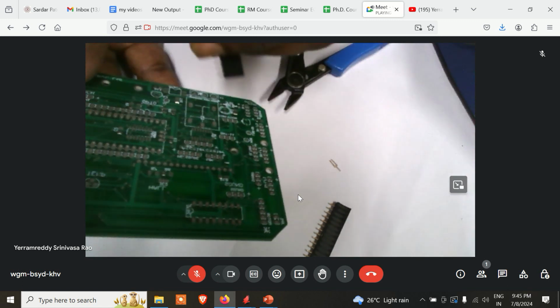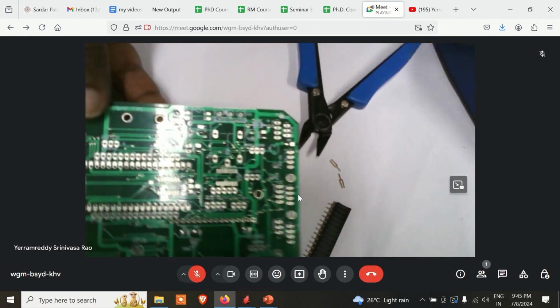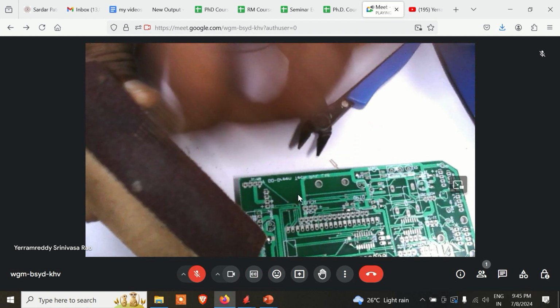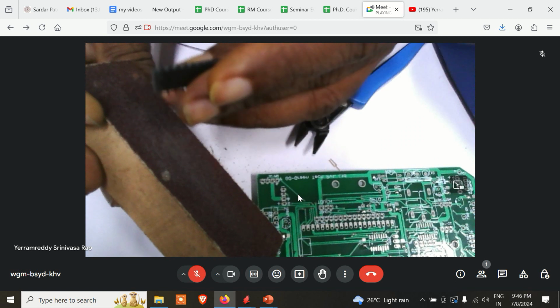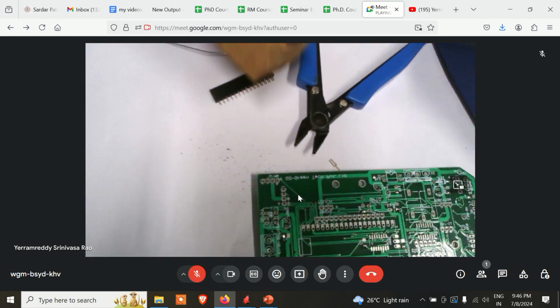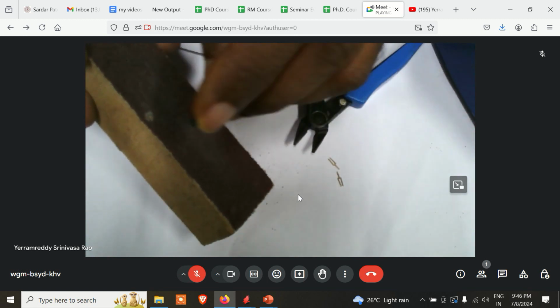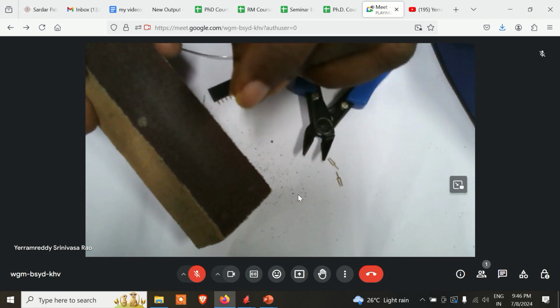Cut one extra pin, cut the 16th pin, not the 15th pin, and make it uniform. Okay, it should look uniform.